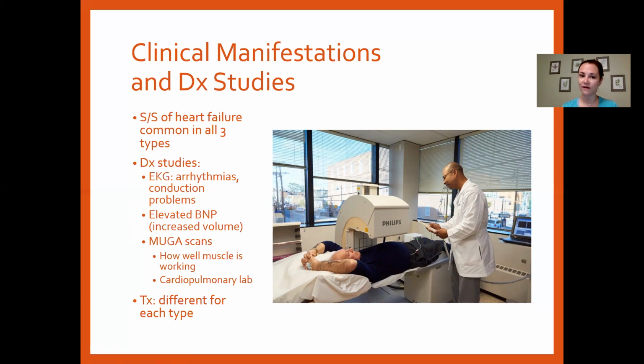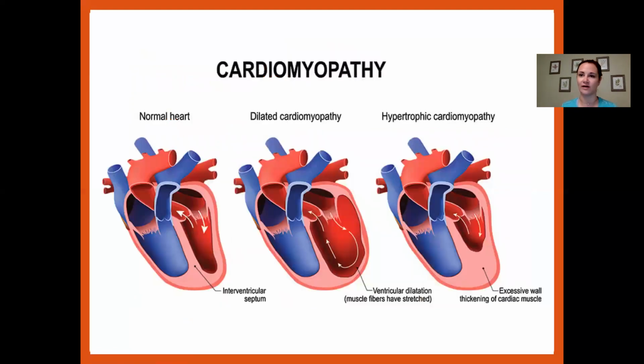MUGA scans are performed in the cardiopulmonary lab, and they assess how well the muscle is working. And then the treatment's different based on the type. That's all you need to know. I don't need you to go into the specific treatments for those. That's very specialized, not something we need to go through in our med surg class.